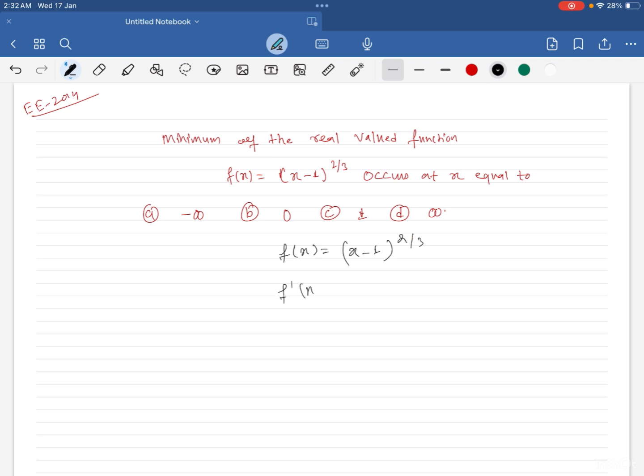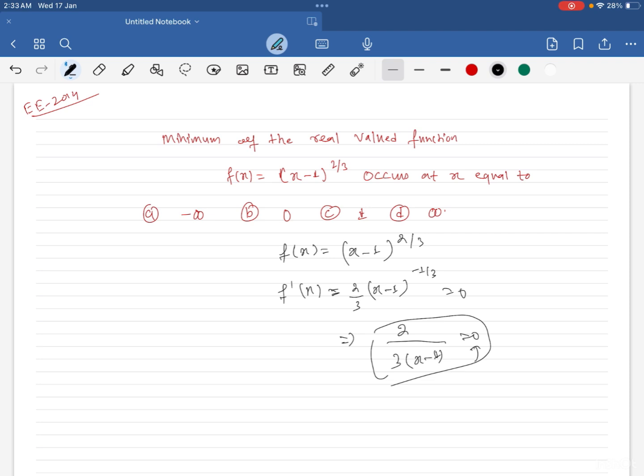We can find the stationary point, but in this case we will not have any stationary point. Let's look at this. So that is going to be (x minus 1) to the power 2 by 3 minus 1, that is minus 1 by 3. Then we can equate it to 0, so we will have 2 divided by 3 into (x minus 1) to the power 1 by 3 equal to 0. For none of the real values can we get this 0, right?